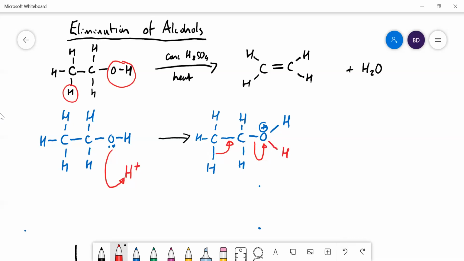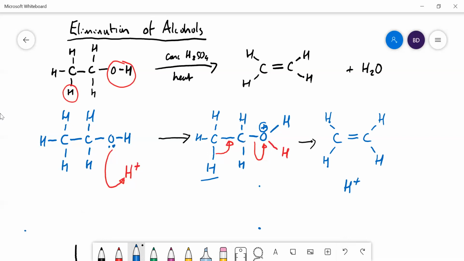Okay, so let's draw what we've got there. We form that new pi bond. These 2 hydrogens are still stuck onto the carbon. These 2 hydrogens are still stuck on. But this one here has come off as H plus.